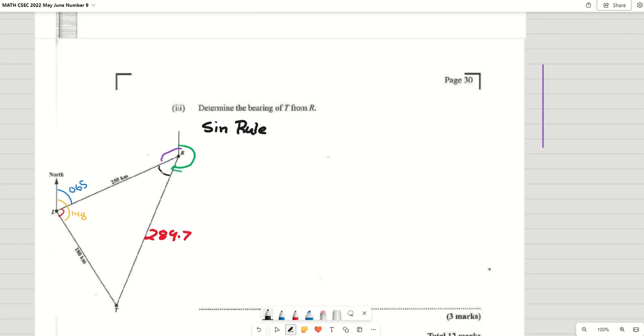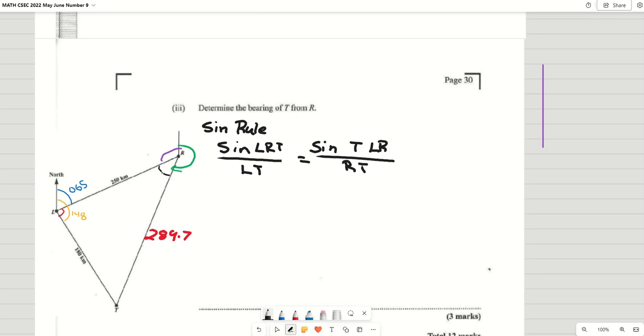So the sine rule is: sine LRT, that's the black angle, over the corresponding side, which is 180, is equal to sine TLR over its corresponding side, RT. Now let's put in the values.